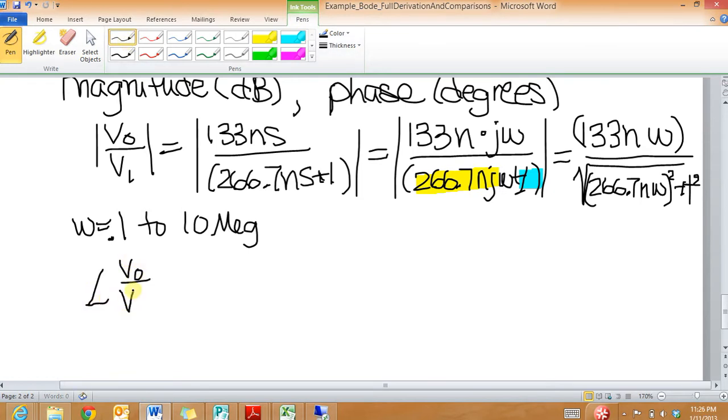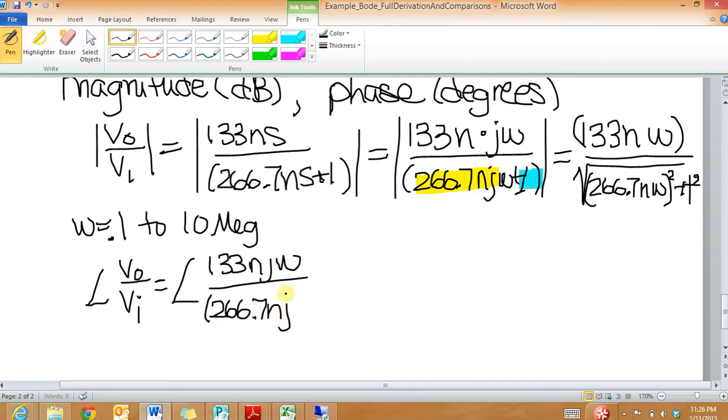So I have 133 nano j omega on the top, and the 266.7 nano j omega plus 1 on the bottom. So the angle of the top one is going to just be 90 degrees. Remember, j is a 90-degree vector with the magnitude of 133n times omega. So looking at only the angle, I have 90 degrees.